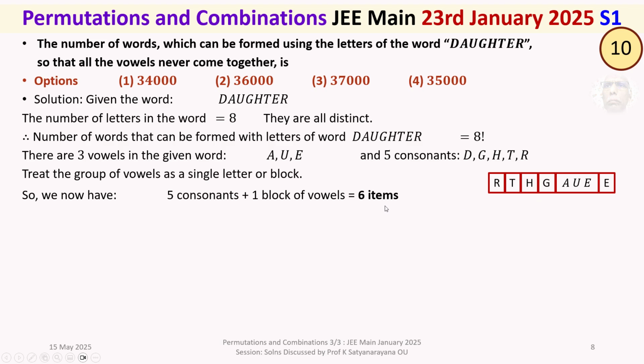So these 6 items can be arranged in 6 factorial ways.